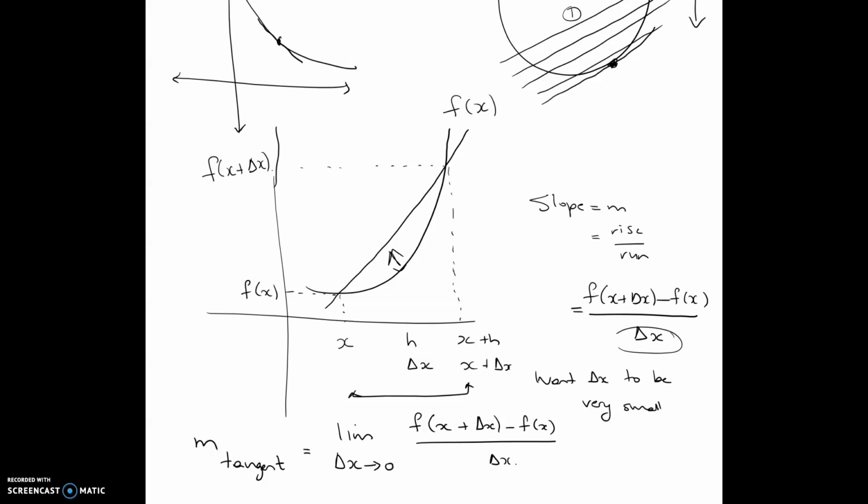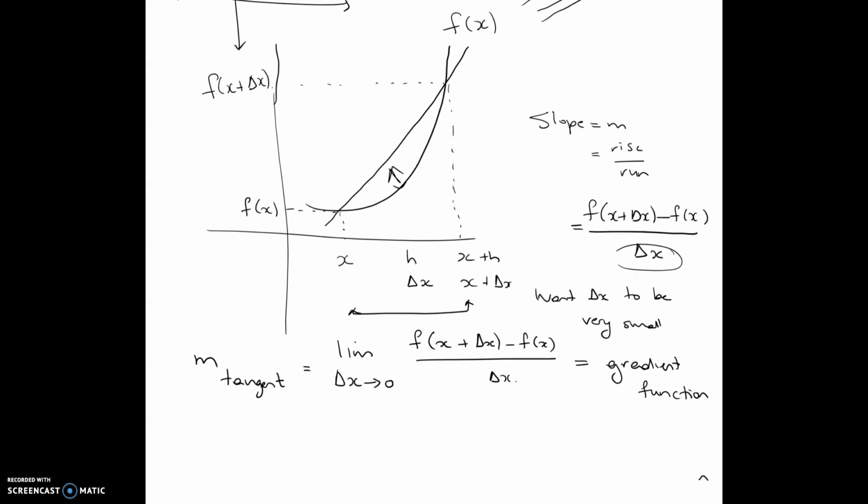Now, this now is going to be a function. It's not going to be a number. So this is what we call the gradient function. And we'd also call it the derivative.